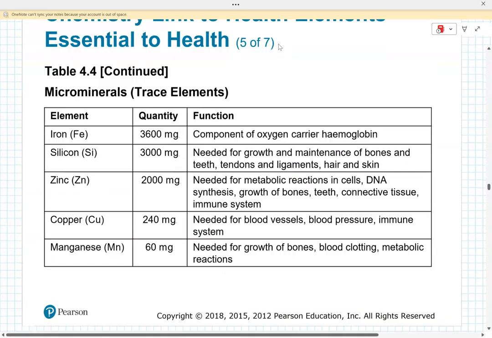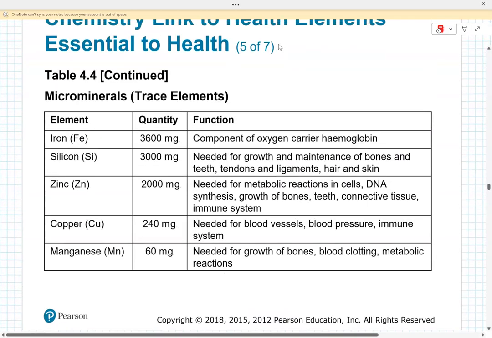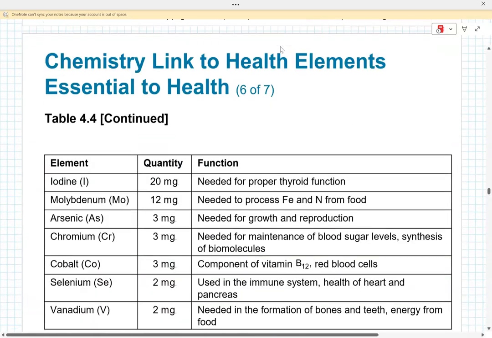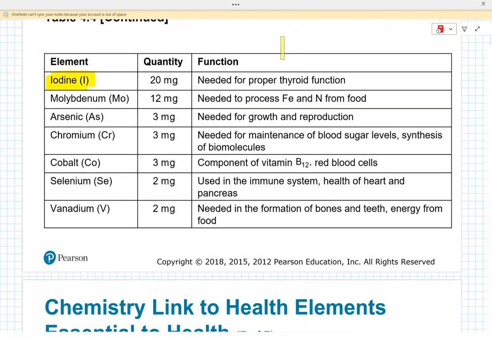Obviously, there's a link here. You probably know some conditions associated with the deficiency. Iron deficiency, you would have anemia. Copper deficiency, there will be some problems with the respiratory chain. Iodine, you're going to have goiter, the thyroid problem.